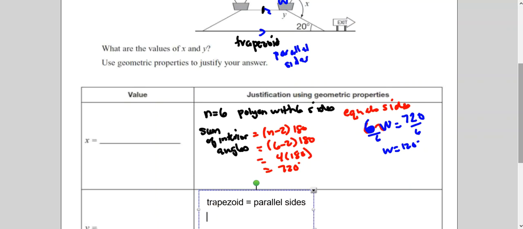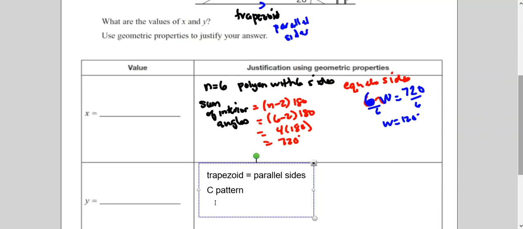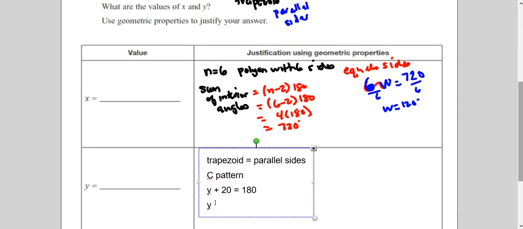That means we have the C pattern, which means that y plus 20 equals 180 degrees, because that's what it adds up to. So we know that y is equal to 160 degrees. So in this case, we actually had to solve for y first. Is it wrong? No. Sometimes you say, oh, I have to find x first before y. Not necessarily. You just take what's given to you.